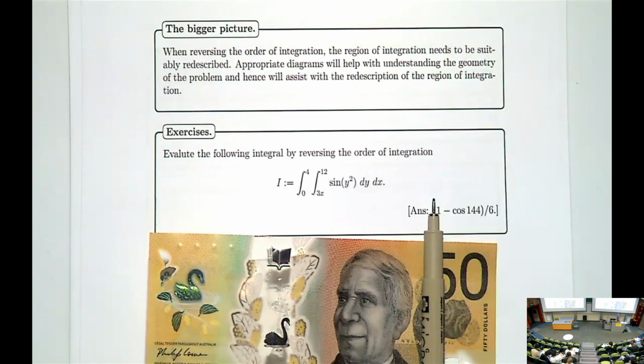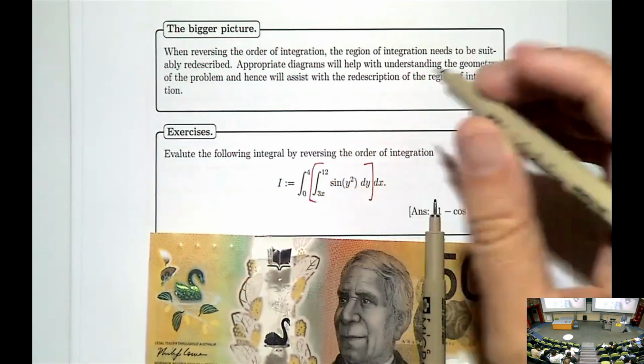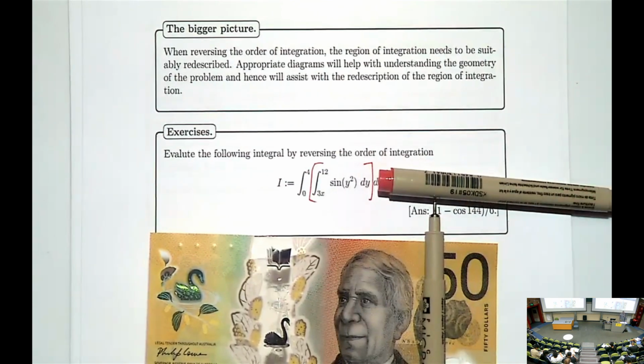Okay, so question. What is the antiderivative of sine of y squared with respect to y? Please tell me. Sounds pretty easy. Oh, it's negative cos of y squared all over 2y.